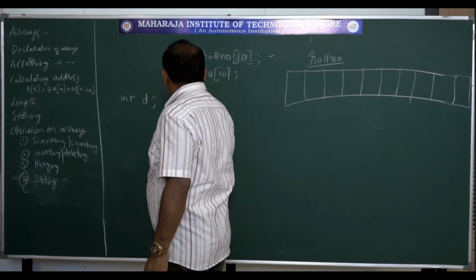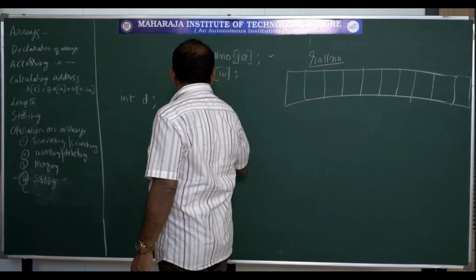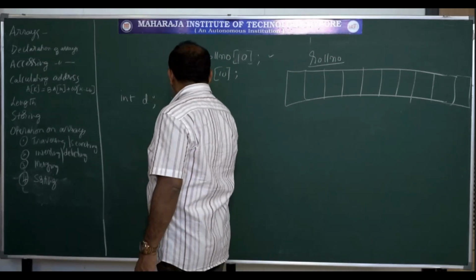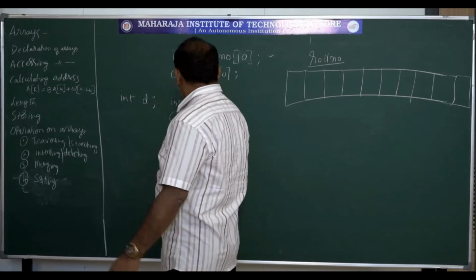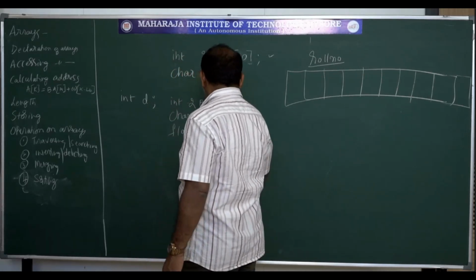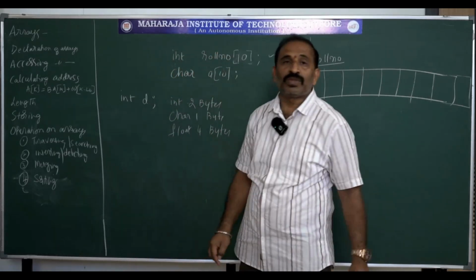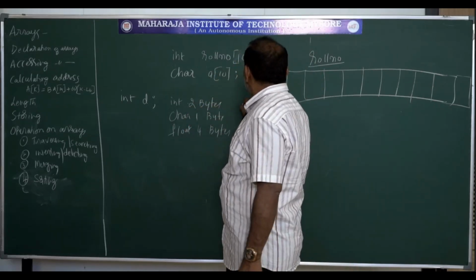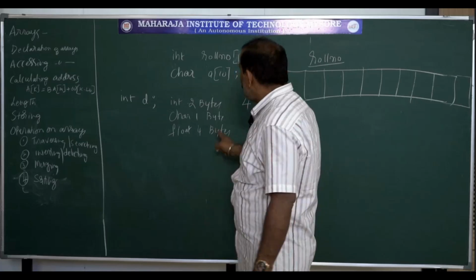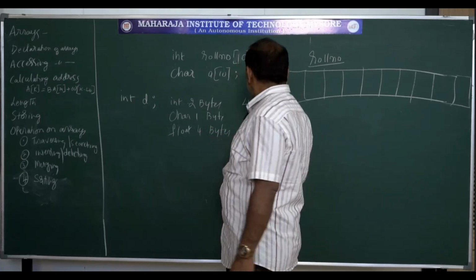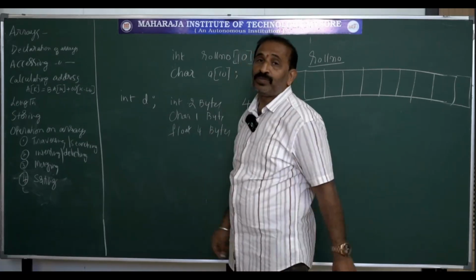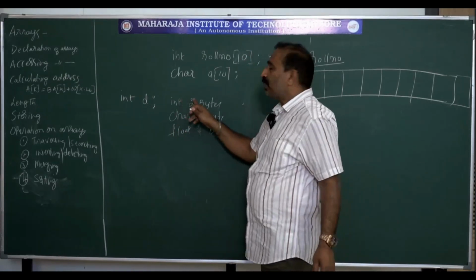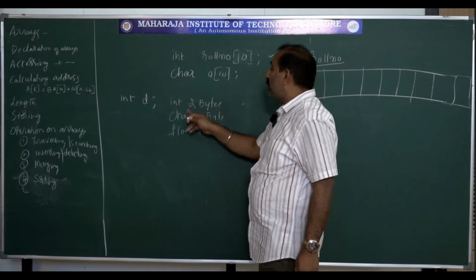For character, it is 1 byte. For float, it is 4 bytes. If you are going for long int, this becomes 4 bytes. For double, it becomes 8 bytes.